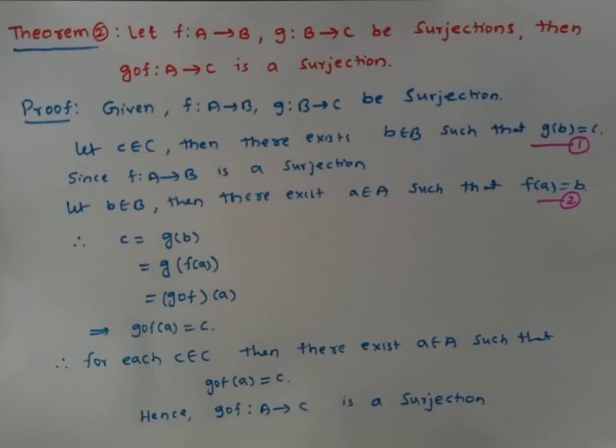By using F and G are surjections, G circle F from A to C is also a surjection.